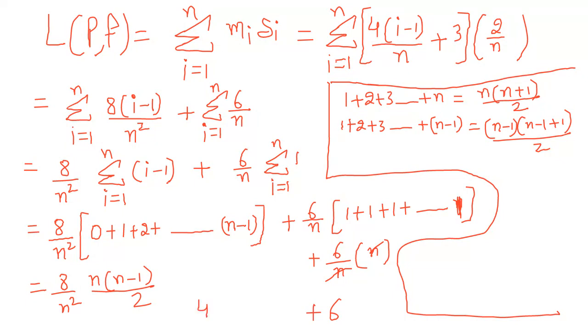Take out n square common, n square (1 minus 1 by n) upon n square. This got cancelled out, this got cancelled out, and you will get this value: 4 (1 minus 1 by n) plus 6. This is the value for your LPF.